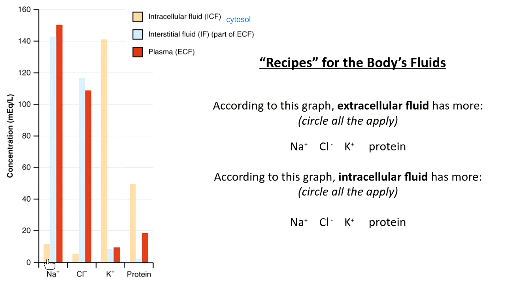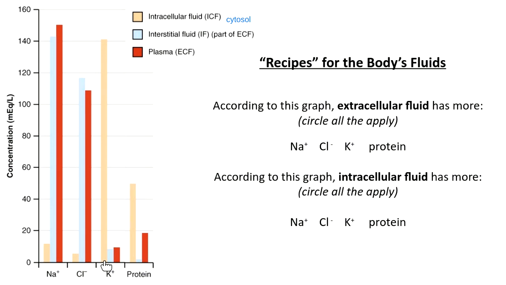Next, I go over to chloride, Cl-. Notice that the bar for intracellular fluid is still very small, not very much chloride inside the cell. But outside the cell, whether we're inside tissues or whether we're inside plasma, that level is a lot higher. So lots of extracellular sodium and chloride, not as much inside the cell.